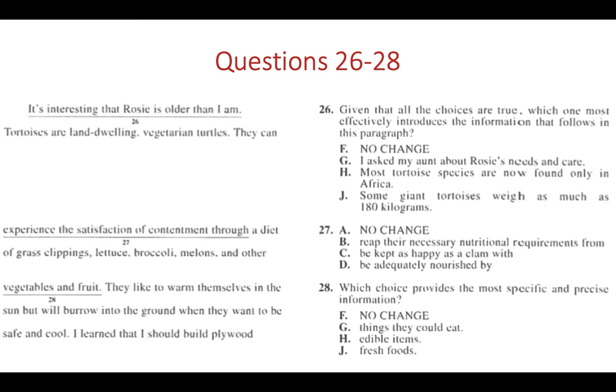Well, edible items, vegetables and fruit, that's more specific. Like what type of edible items? Vegetables and fruit. And other fresh foods, same thing. Vegetables and fruit is more specific. What kind of fresh foods? Vegetables and fruit, not like milk and meat, right? Okay, so let's go back to, well, maybe we need to do one more.